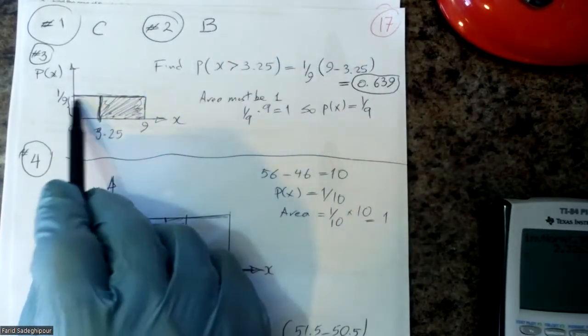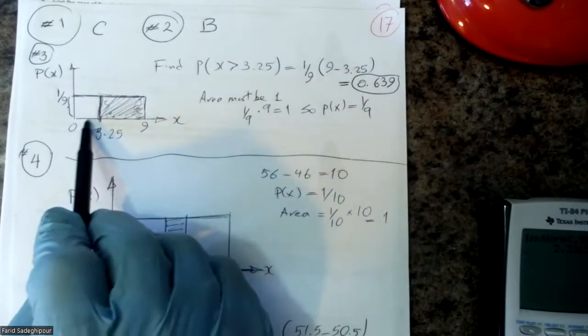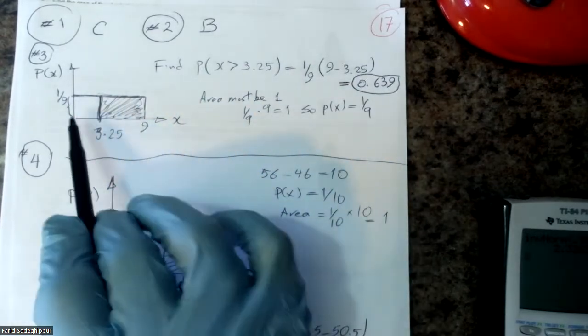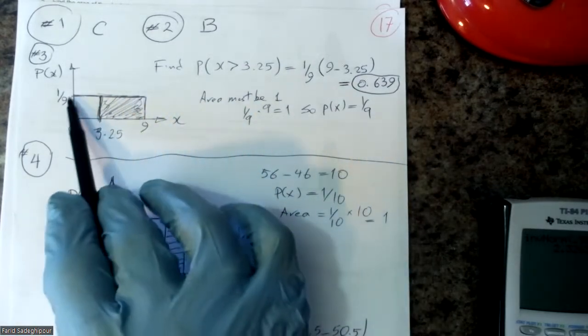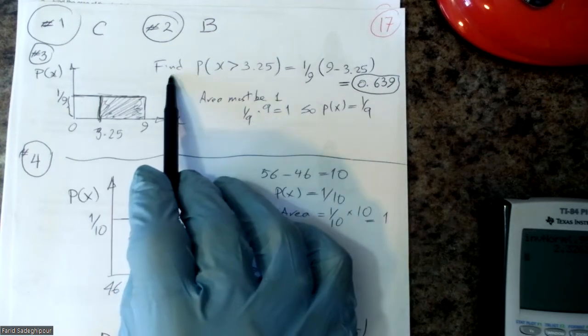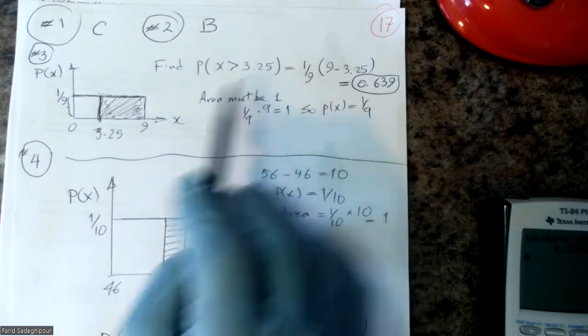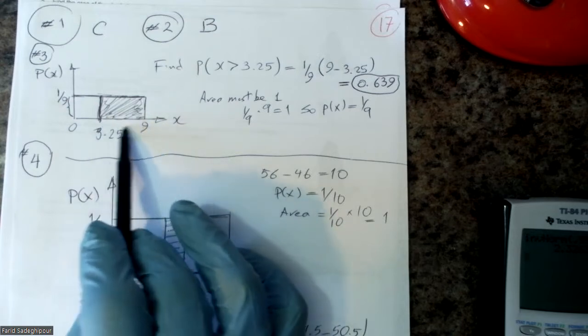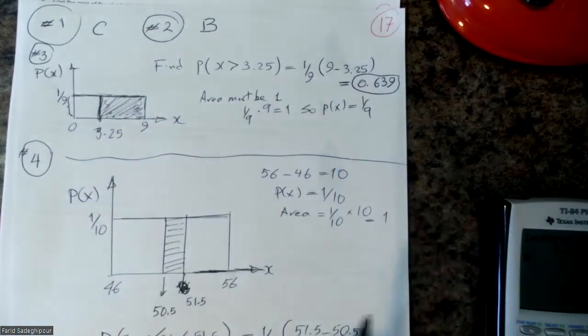Why? Because the area of the rectangle always must be 1. So first we create this: the horizontal distance is 9, this is 1/9. And when they ask us to find the probability of x greater than 3.25, means find this area, you just take this distance, multiply by 1/9.